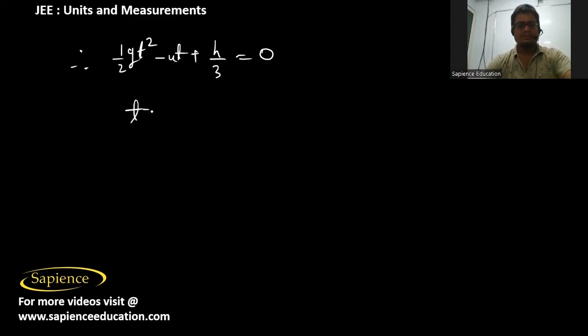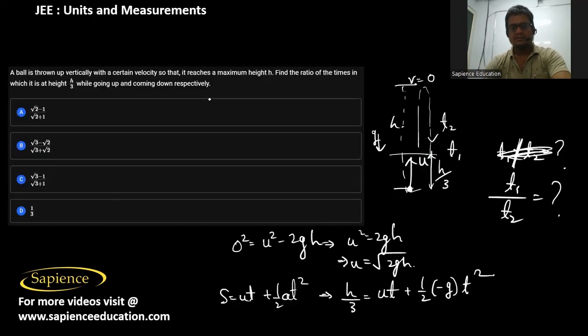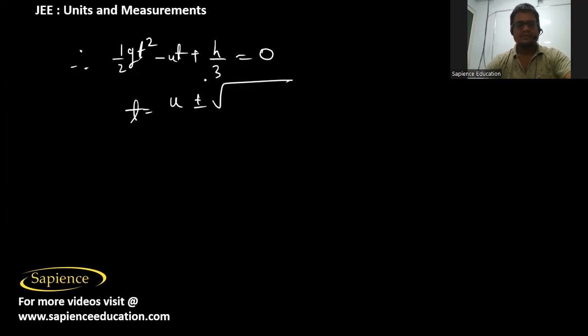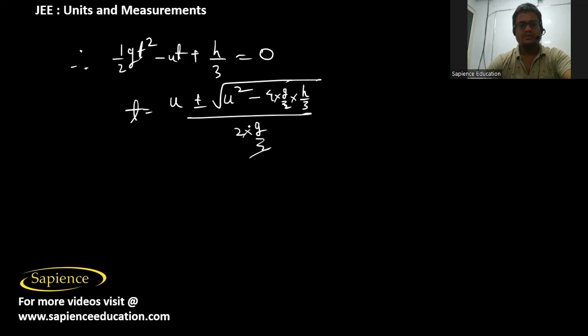So the time t will be equal to minus b plus or minus square root of b square minus 4ac, by 2a. 2a means g. So this will come as u plus or minus square root of u square minus 2gh by 3, all by g.